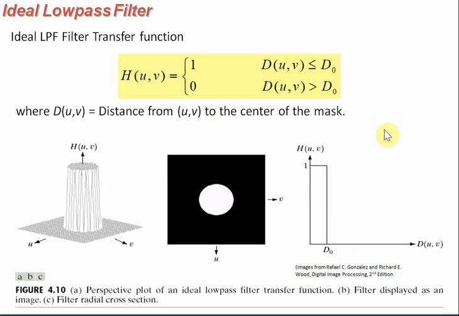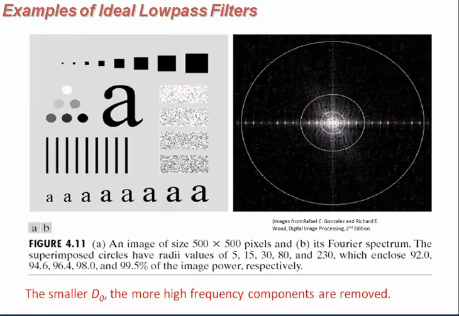So if I pass the input image through this ideal low pass filter, the higher frequency components are removed and it has only lower frequency components. That range depends on D naught. If D naught is very small, more high frequency components are removed.